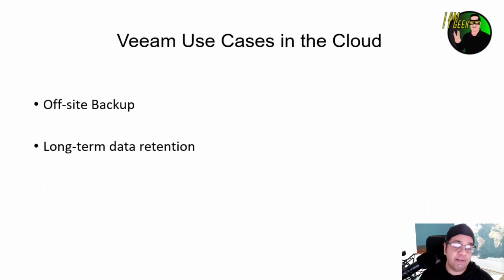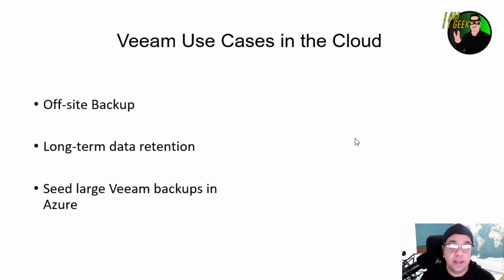So essentially you have your older backups that maybe have colder storage requirements up in Azure, where you've got your cheaper storage, and then you leave your more recent backups on premises, so more kind of hot storage, which you maybe access more doing restores and whatnot. So that's the long-term data retention use case.